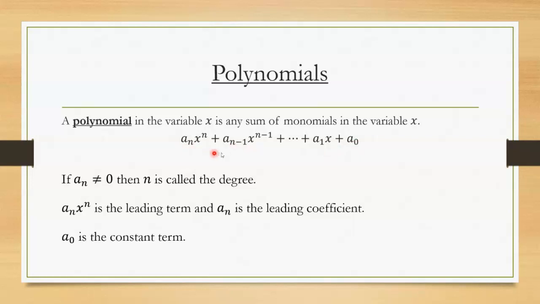Now, there's something else not written on the slide. Notice that if you read from left to right, the exponents of x, right? They're decreasing as you read this from left to right. That's called standard form.